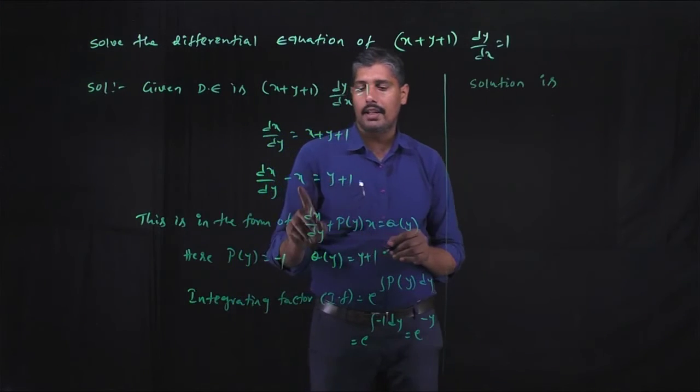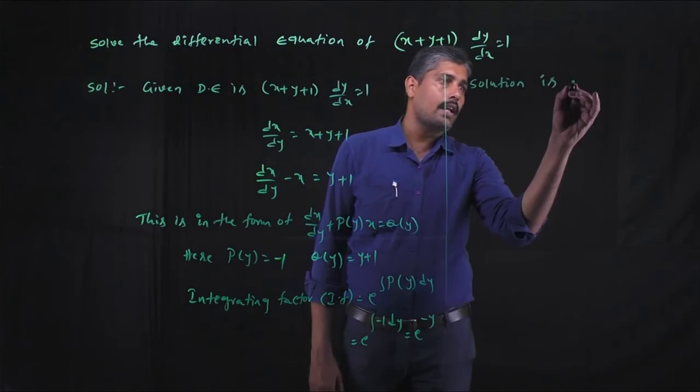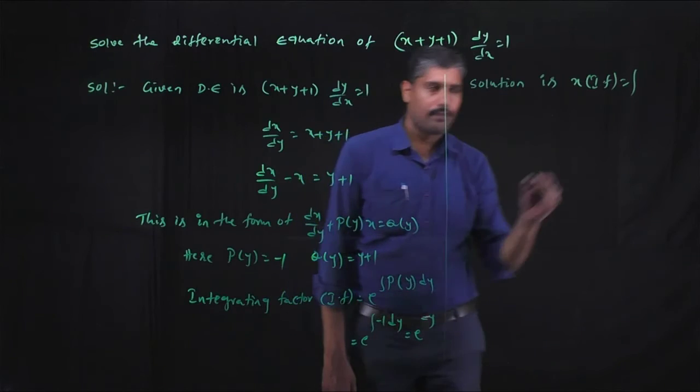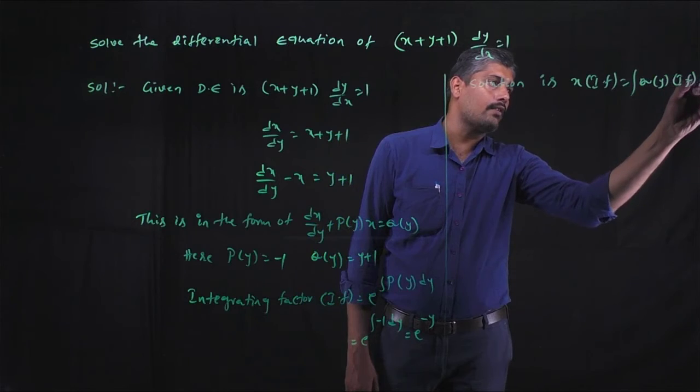Then solution is, this is a linear differential equation in x, that's why x into integrating factor equal to integral q of y into integrating factor dy with respect to y.